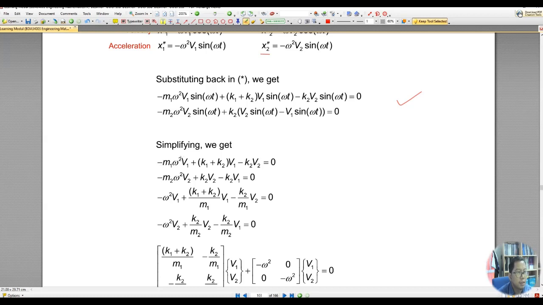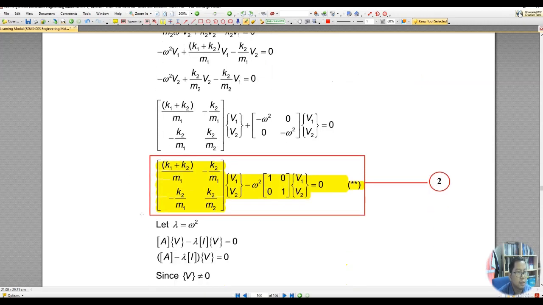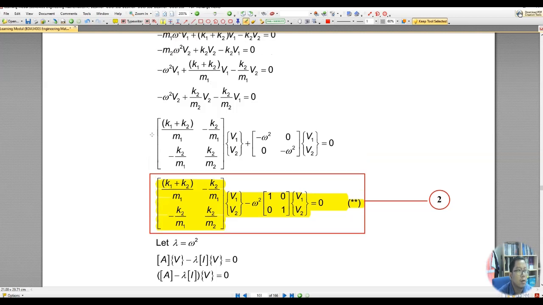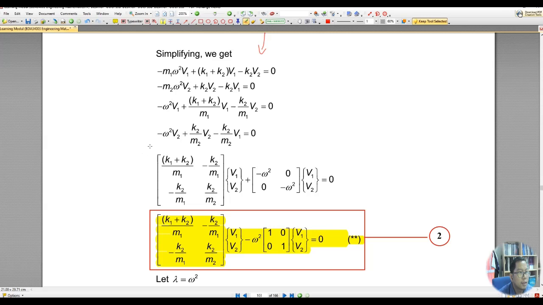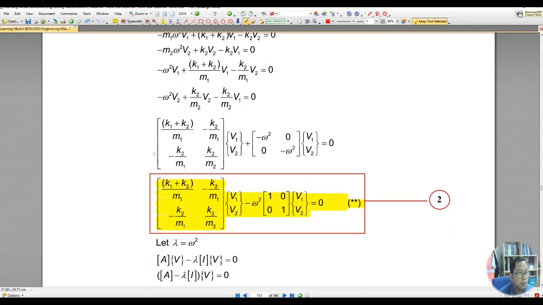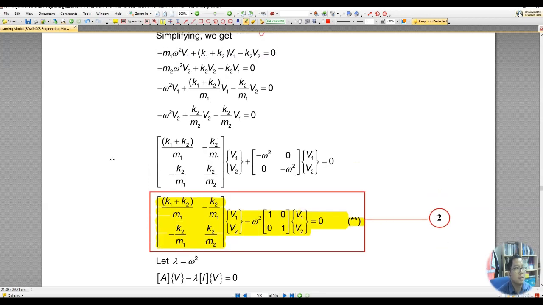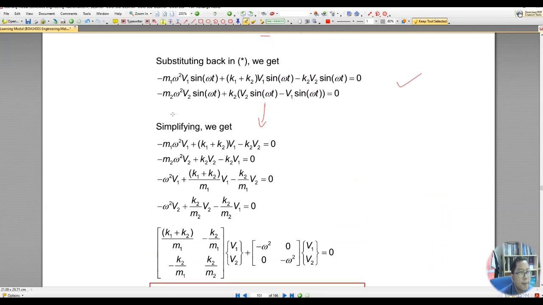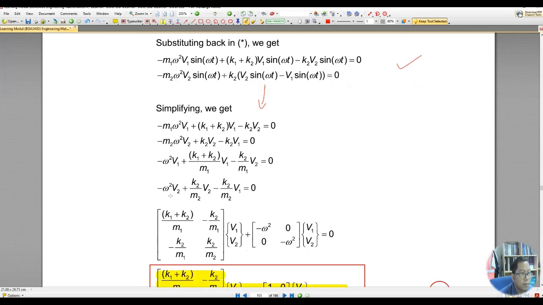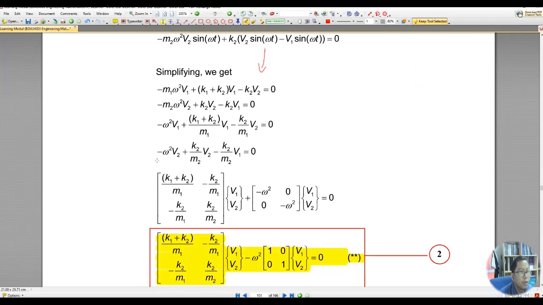We simplify this equation to be this, where k1, k2, m, and omega, we put all the omega into this matrix.